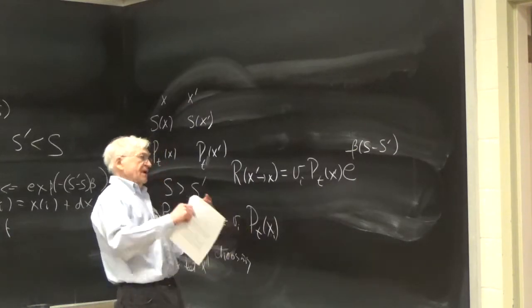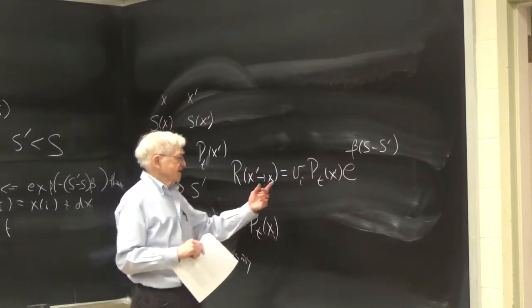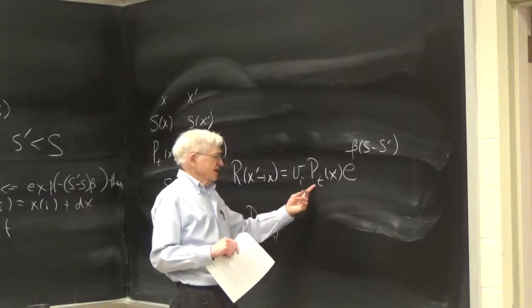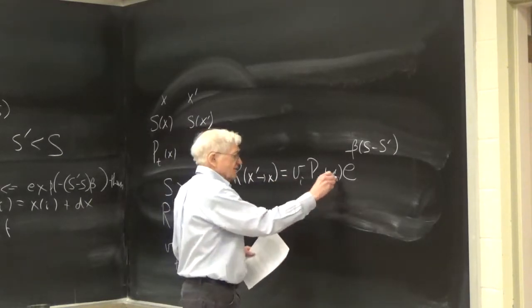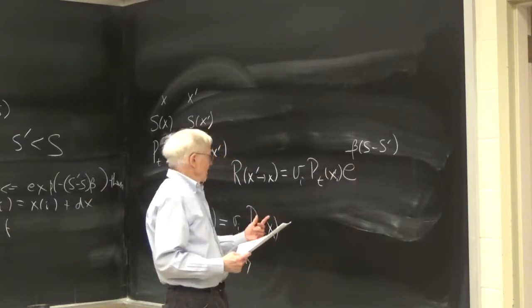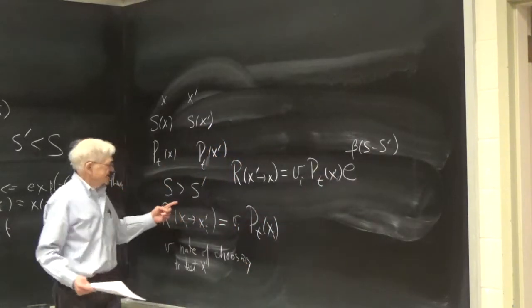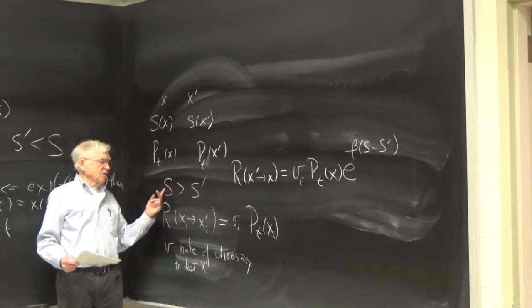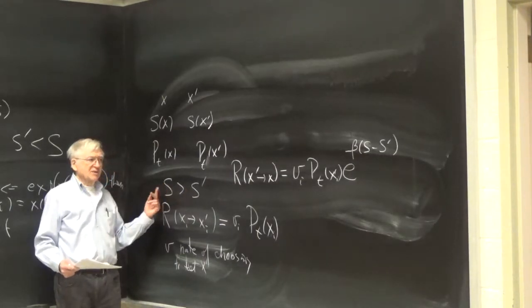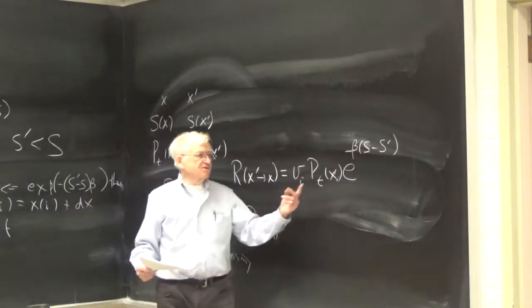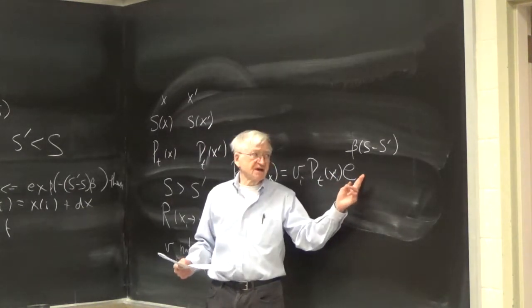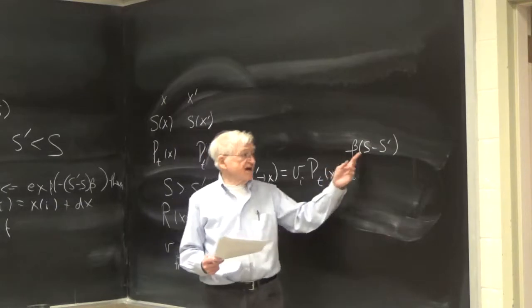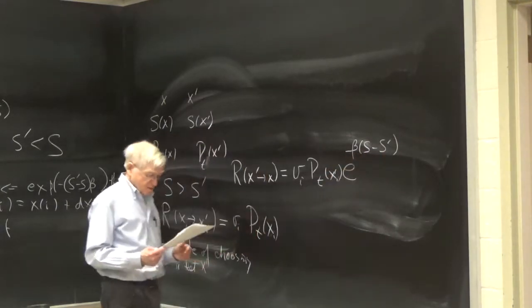On the other hand, the rate to go back is the probability of being at x prime, but now you don't choose to go backwards with probability 1, you choose to go backwards with this probability, e to the minus beta times (S minus S prime), because S is greater than S prime, that's less than 1.